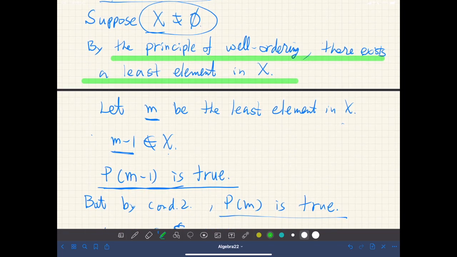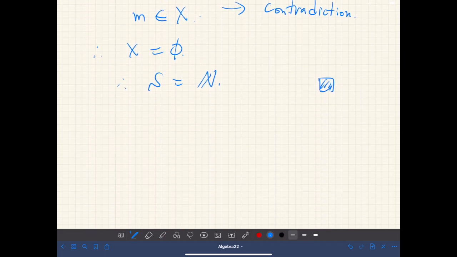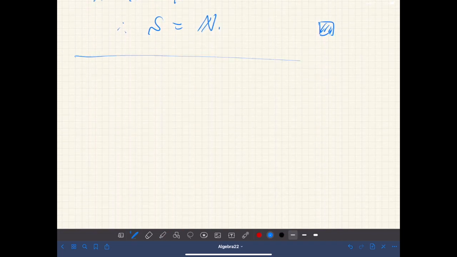Anyway, we can extend this principle of mathematical induction to a little bit more general form. That is, we can actually prove it, but rather than proving it, we just accept it as an axiom. So here it is.